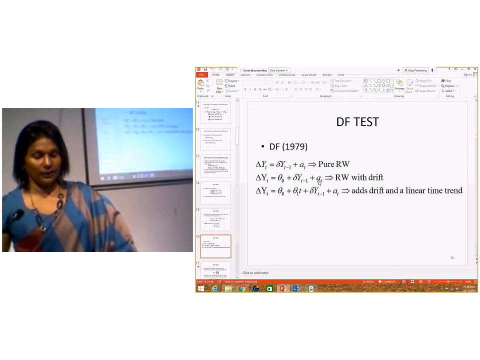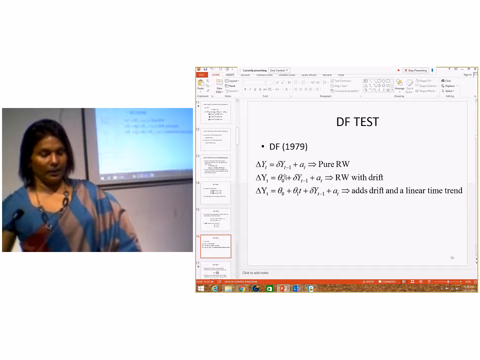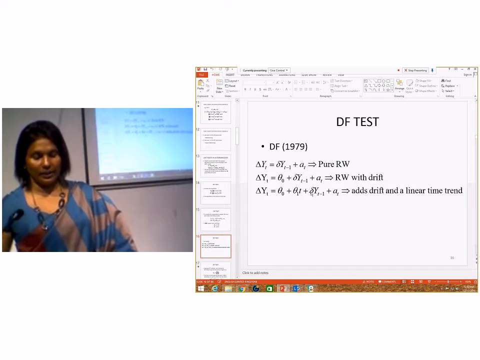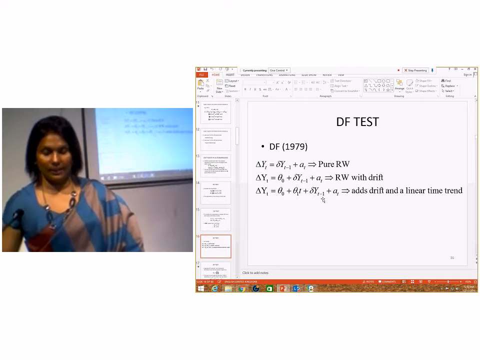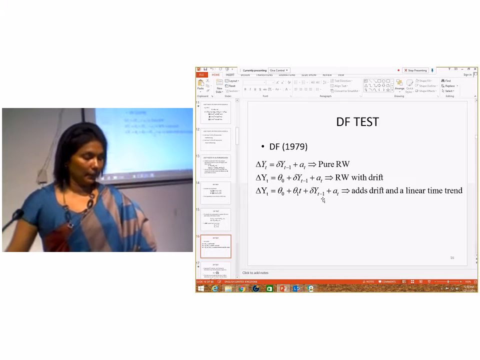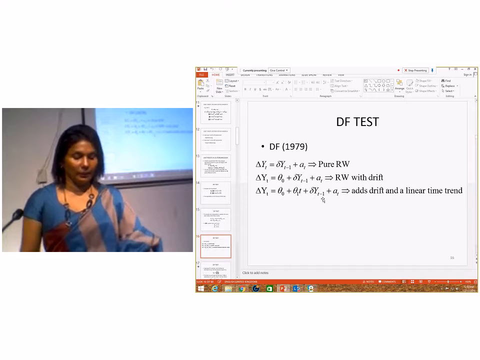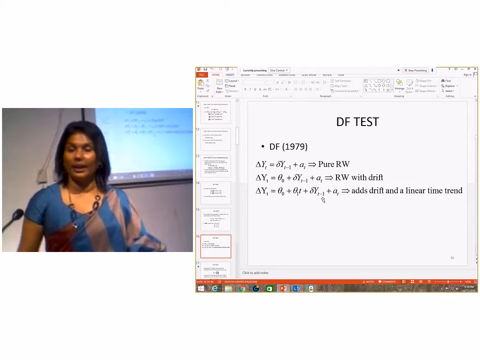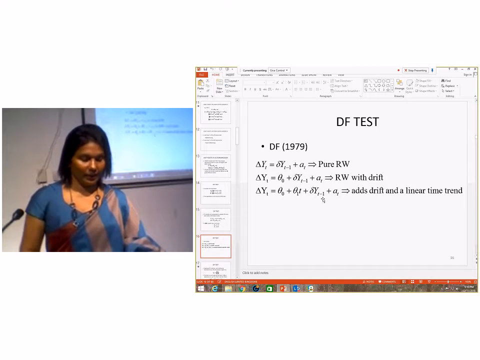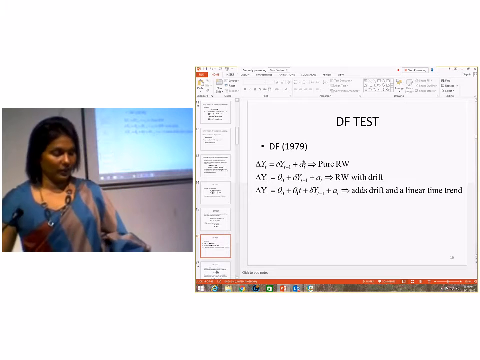This process is a pure random walk. This process is a random walk with drift, right? With drift. This is a drift and a linear time trend. There are 3 types. Right, that means when the time series is flat and potentially slowly turning around 0, then we use the first one.